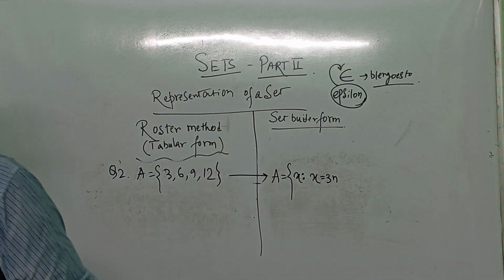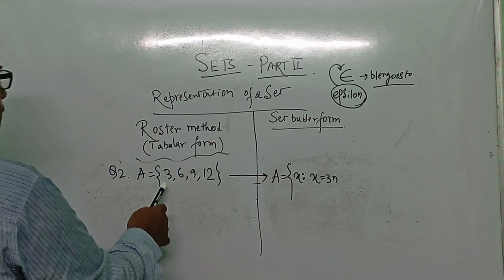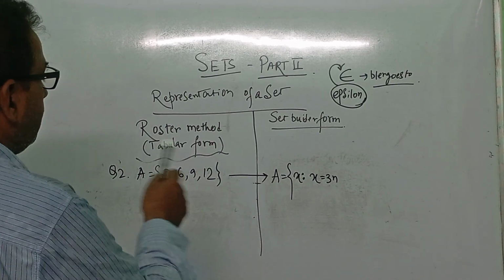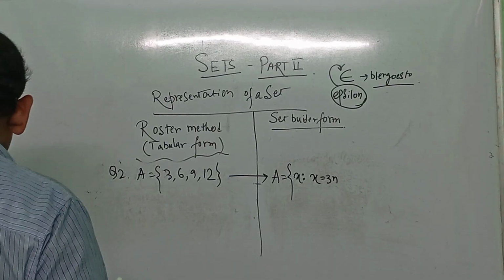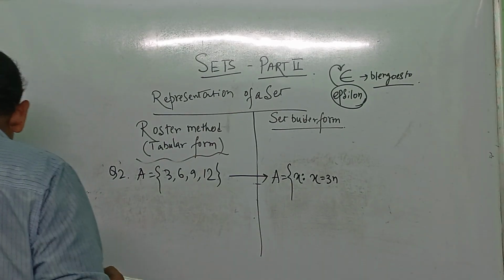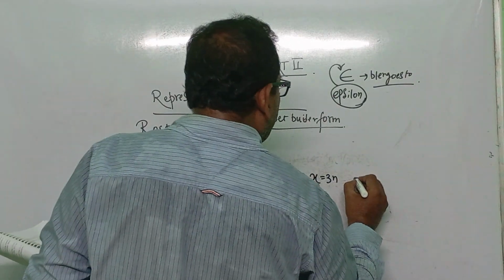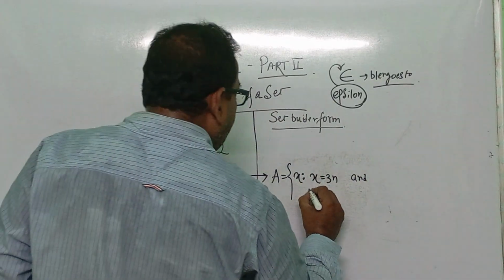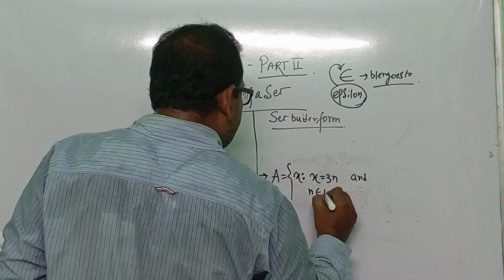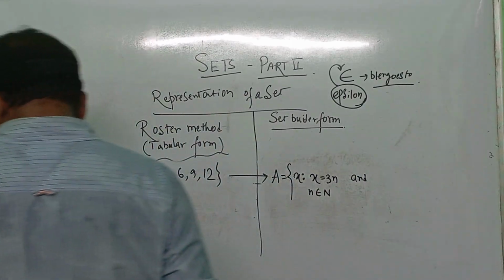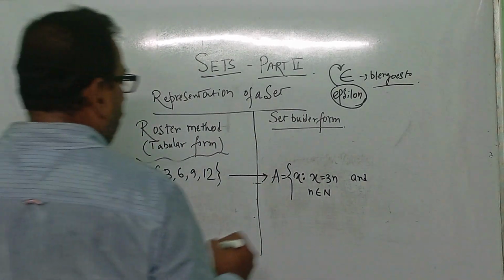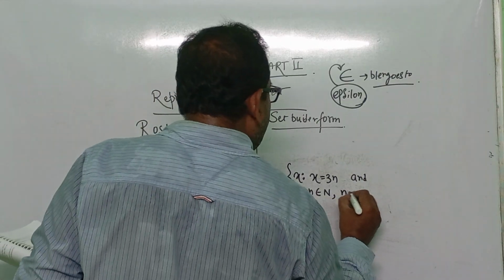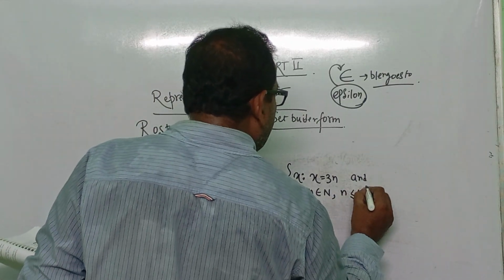Now if we put n equal to 1, 2, 3, 4, then we get 3, 6, 9, 12. Check that. And what are the conditions we have to define? n belongs to the natural numbers, and also n is less than or equal to 4.